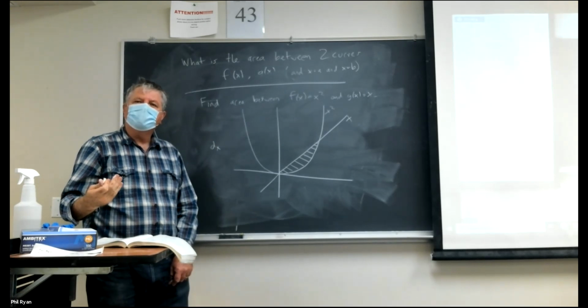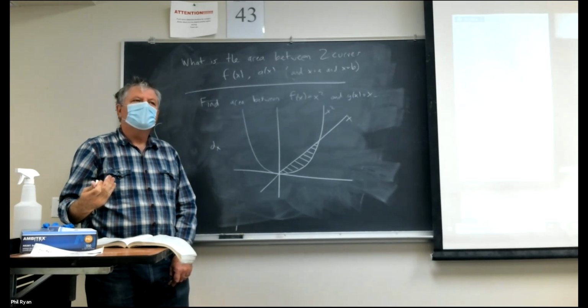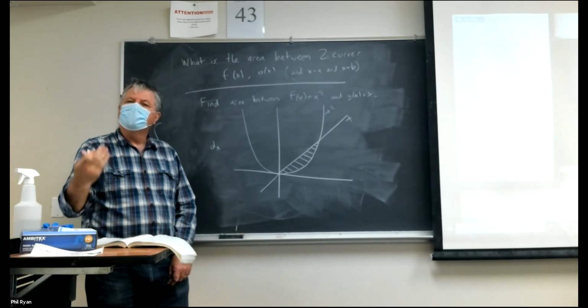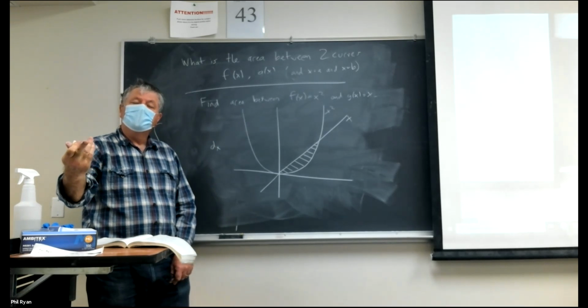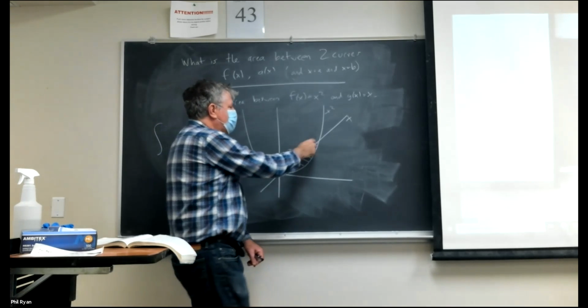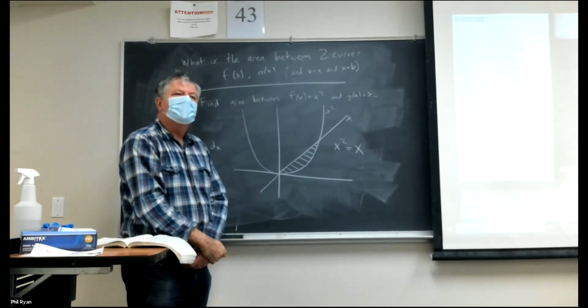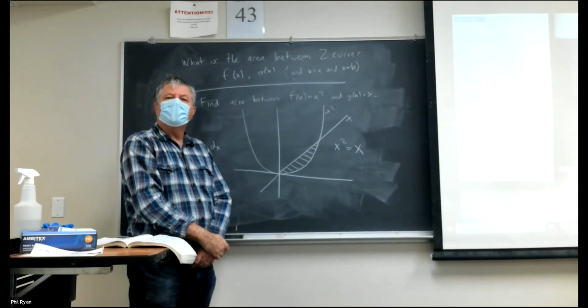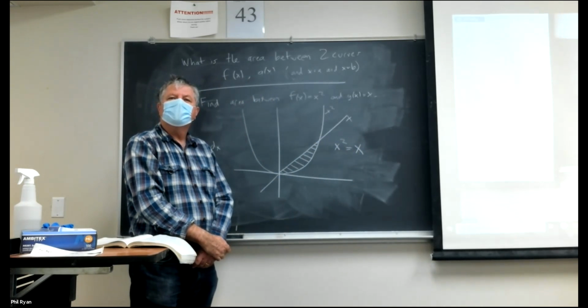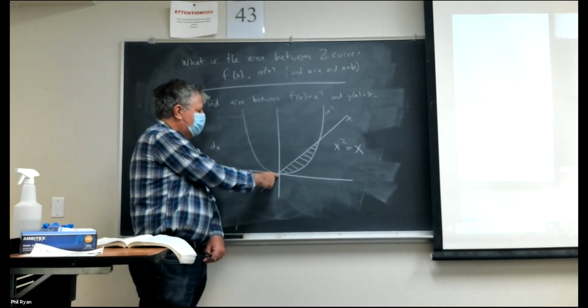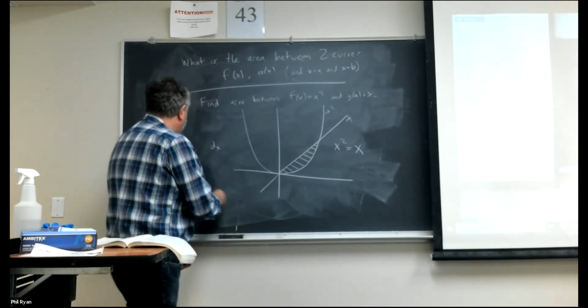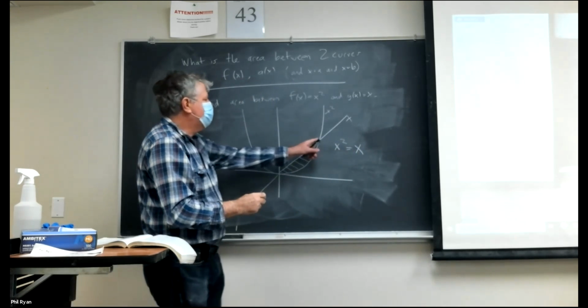How do I find the bounds? Right, it's where they intersect. When does x squared equal x? What's this one? Point 0. What's this point?